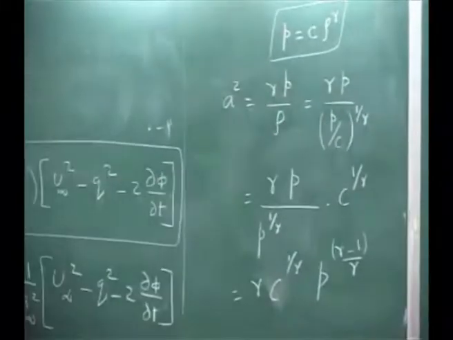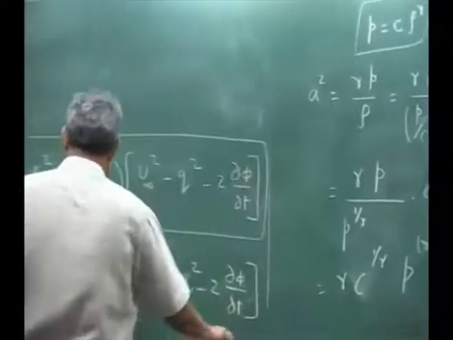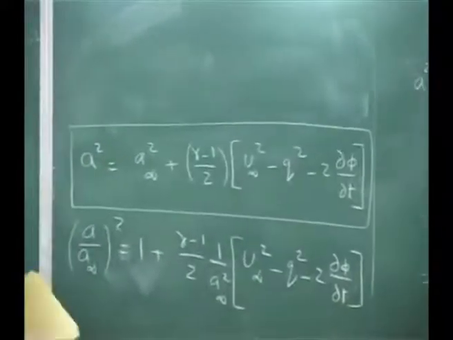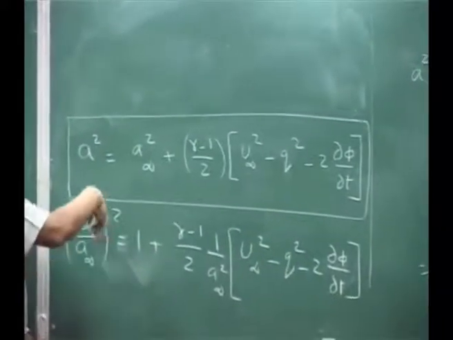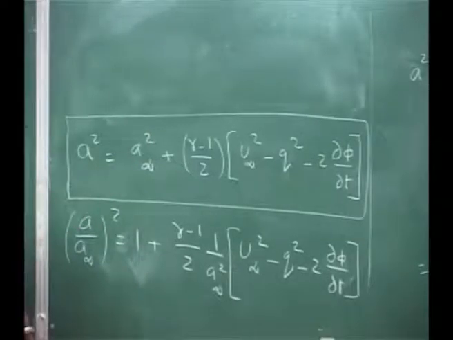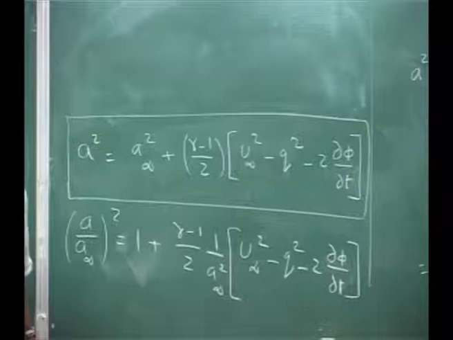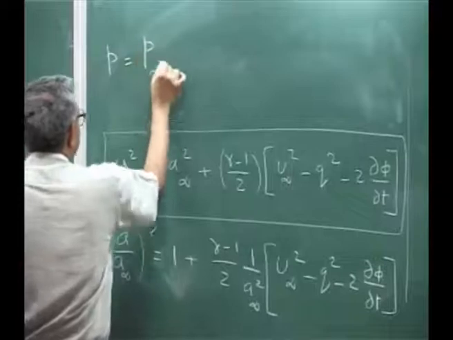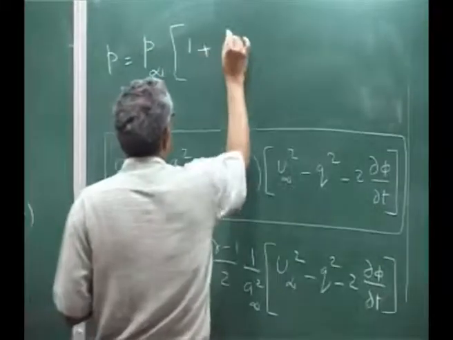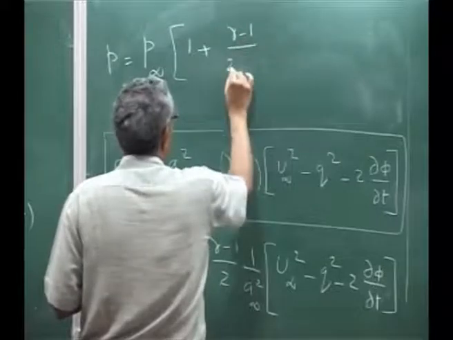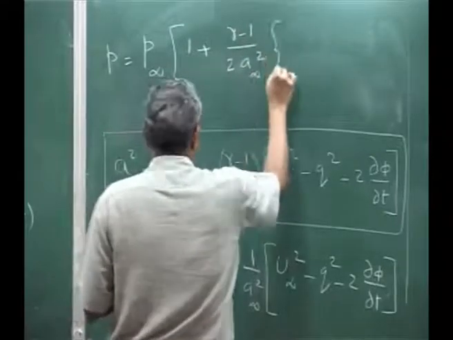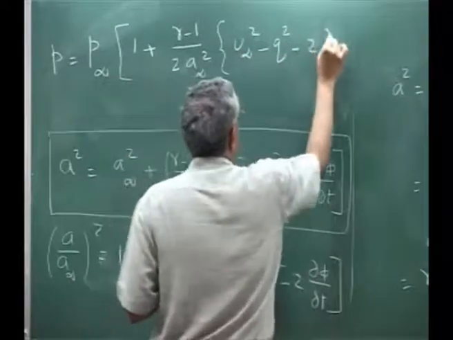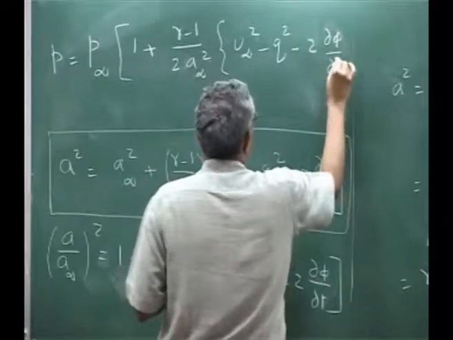I will write it here itself. You substitute a over a infinity square in terms of p over p infinity, and then take gamma over gamma minus 1 and multiply by p infinity here. So you will get the pressure becomes p infinity times 1 plus gamma minus 1 over 2, minus q square minus 2 del t.